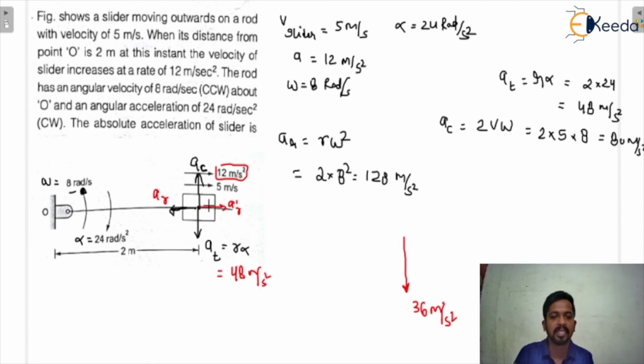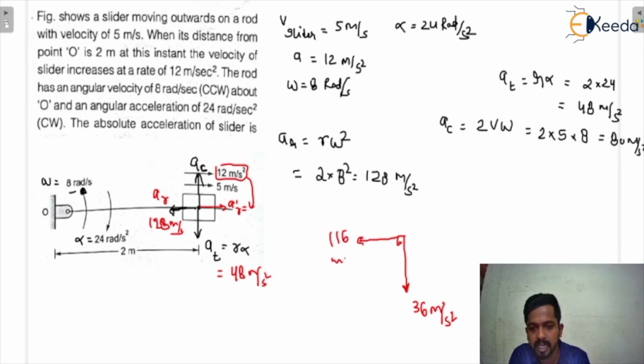And the radial acceleration is 128 meter per second squared, that is omega squared times r, 64 multiplied by 2, that is 128. Now we have to subtract 12 meter per second squared from 128, so 128 minus 12 is 116, and it would be in the direction perpendicular to it. So that is 116 meter per second squared.